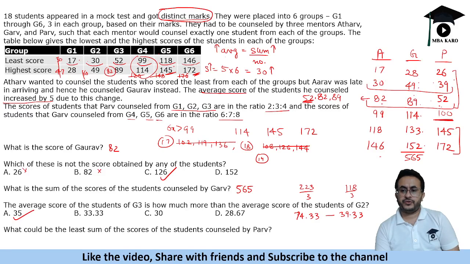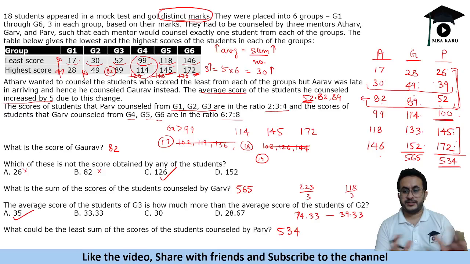These three add to 117, 217, 217 plus 317. So 534 would be the minimum total that we will get. Okay, so this was the set and its solution.